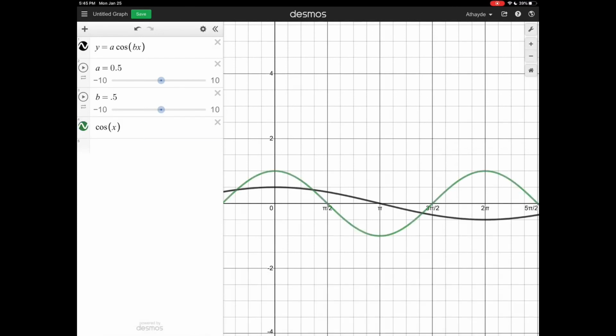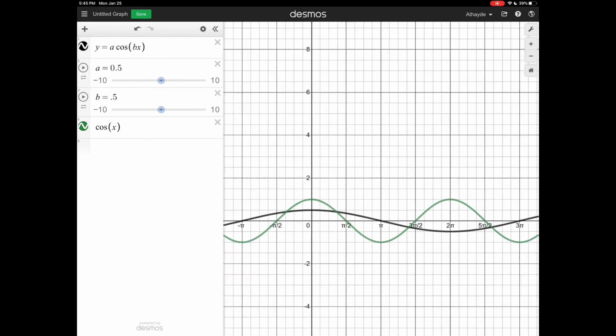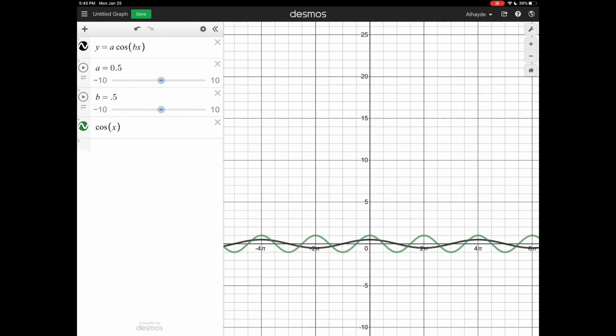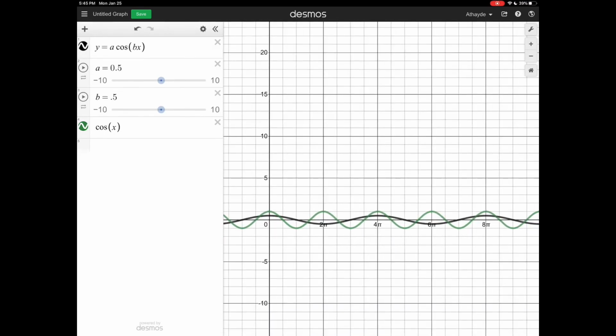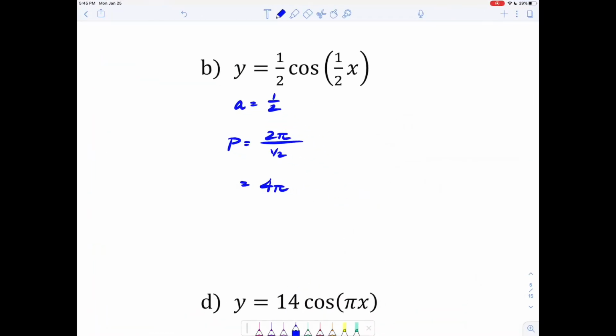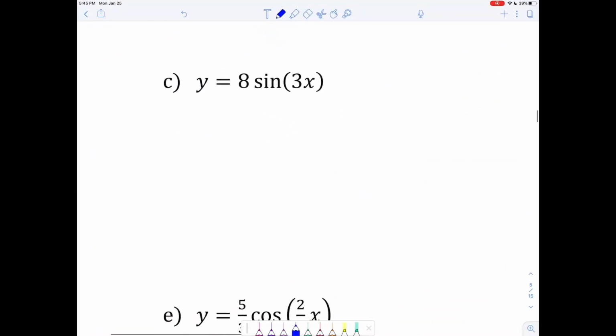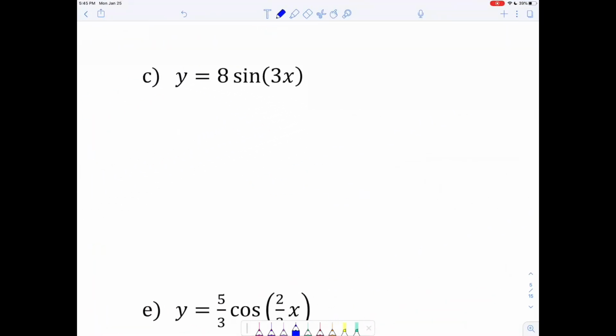This green one happens at a certain frequency, and then the black one, the transformed one, is kind of squished down vertically and stretched out horizontally. We really pulled it apart there. Look at it go. Man, sinusoidal functions are dope. You can see all of these in Desmos, of course, and I'll make a point about that in a moment or two. But let's finish these examples first.